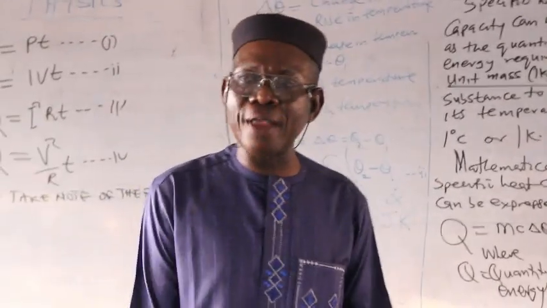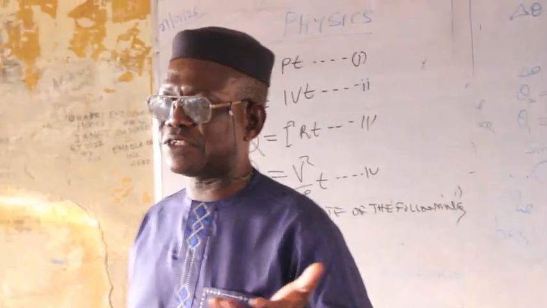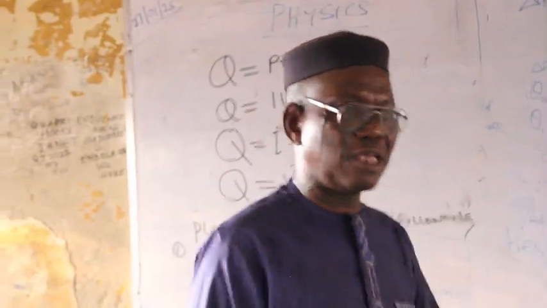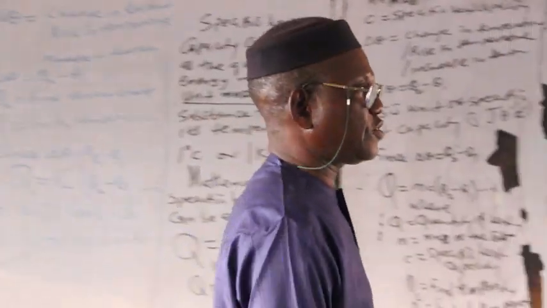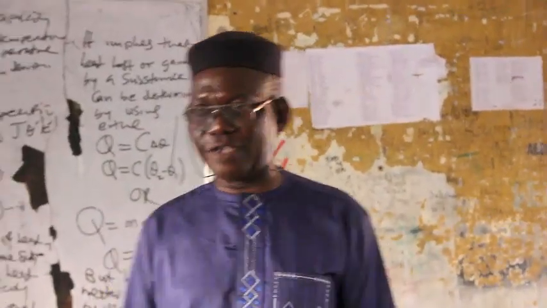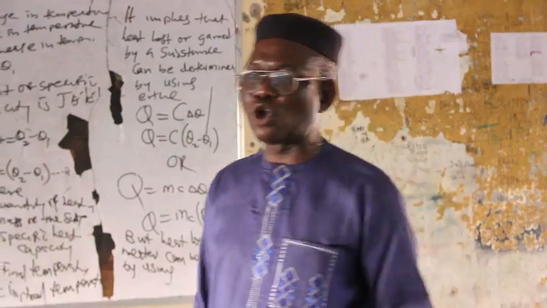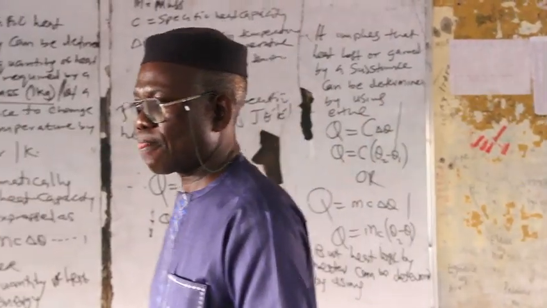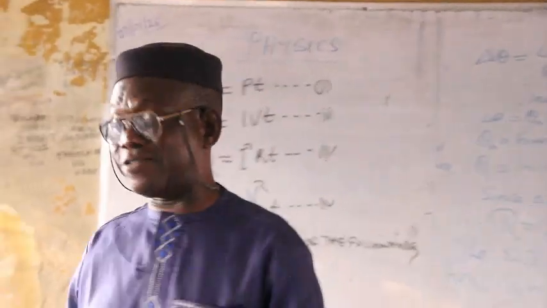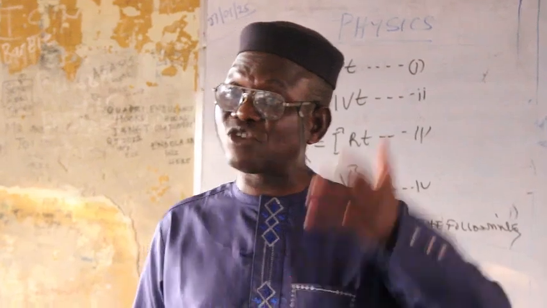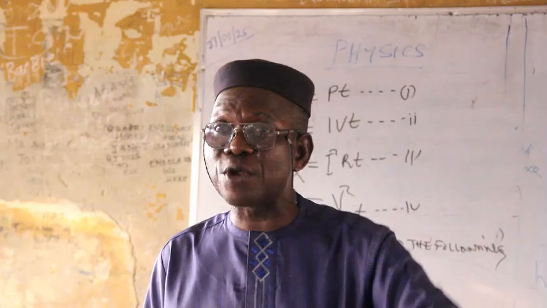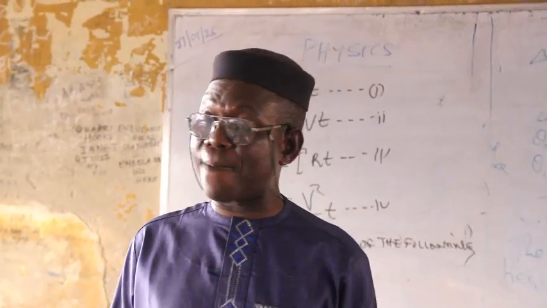Next, when a substance is losing heat, its temperature falls or decreases. When you are losing heat, your temperature will be decreasing. And the opposite, when you are gaining, what happens to your temperature? Temperature will rise. So every substance that is losing, its temperature will be dropping. Every substance that is gaining, its temperature will be rising. Please take note, it will help us in calculation.